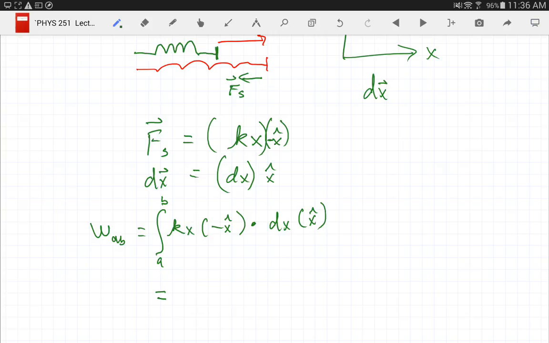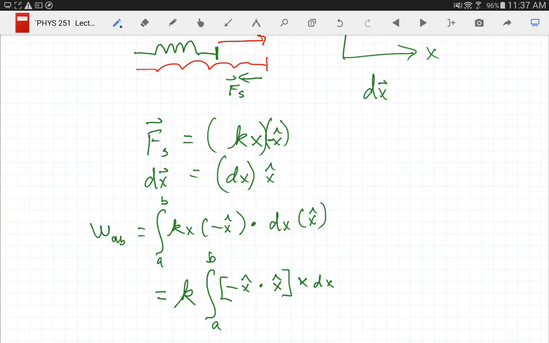So let's bring anything that's constant out front. What is constant here? K. Because the letter K stands for constant. So that's a good sign that it's a constant. It's the only thing that's constant, A to B. And then I have the things that have vectors, minus x hat dot x hat. And then the things that didn't have the vector sign anymore would be x dx.